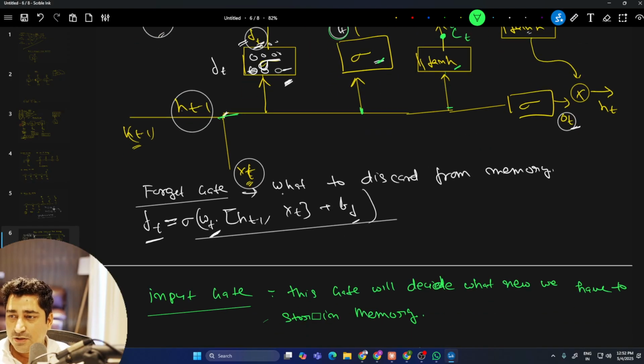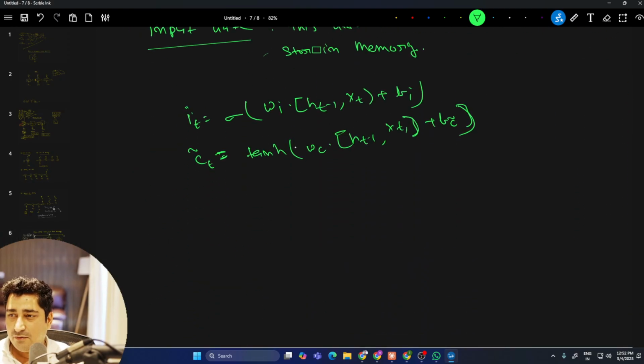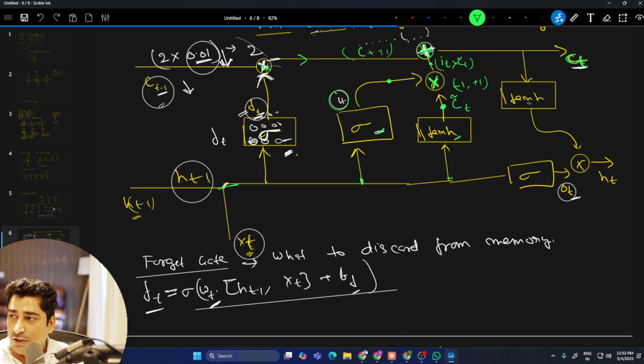So this equation is pretty straightforward, right? But when I say this, I'm talking about a neural network in this particular place. So what is the new CT?